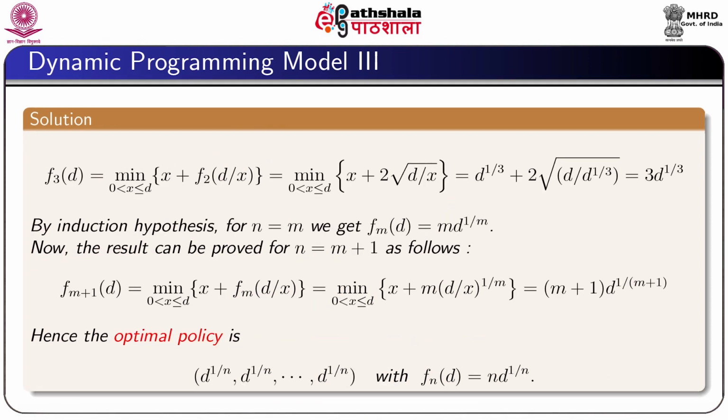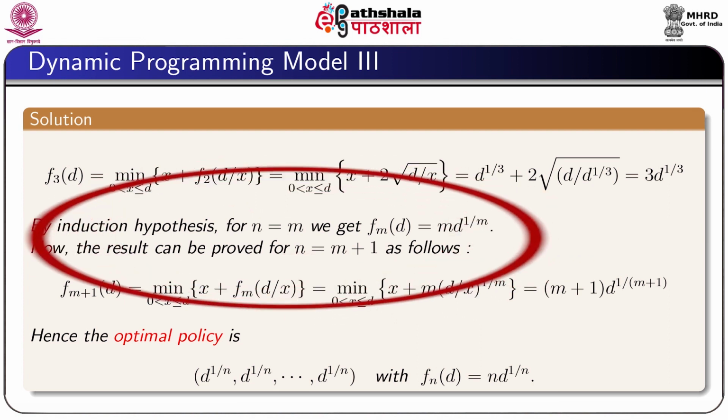Similarly, f3 d is equal to minimum of x plus f2 d by x, which is equal to minimum of x plus 2 root of d by x, and then we find the value of x which minimizes x plus 2 root of d by x, and finally, we get the value of f3 d as 3 d to the power 1/3.